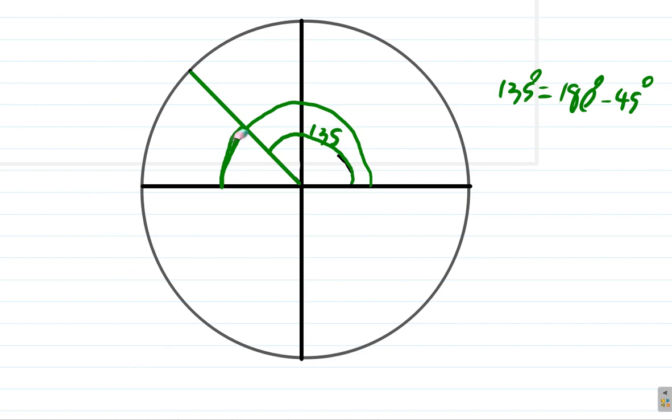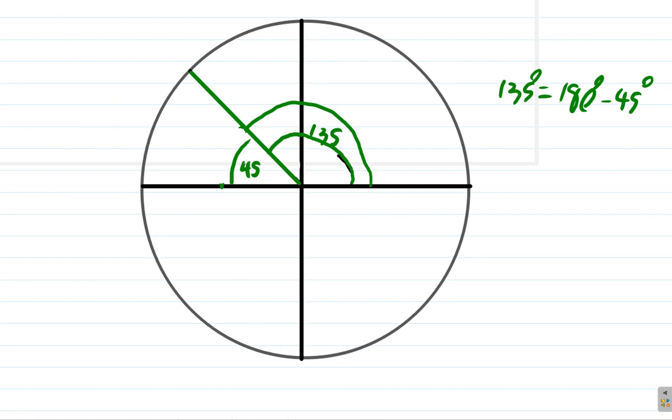Now, here, you will see that this angle here is 45. You see that? 45 degrees.